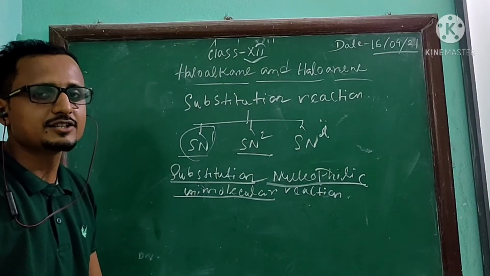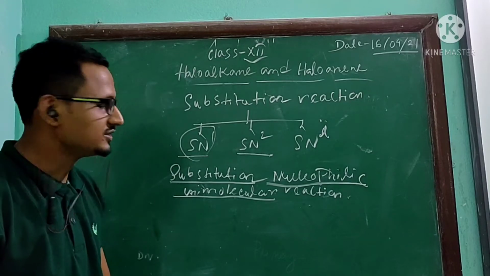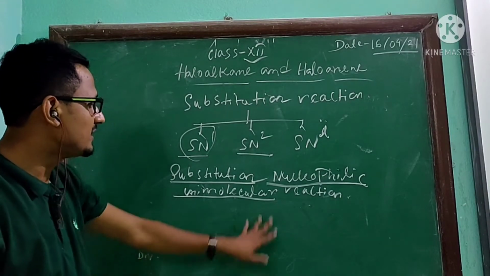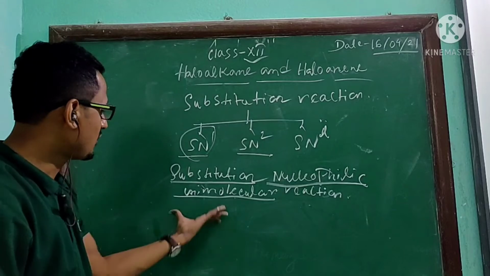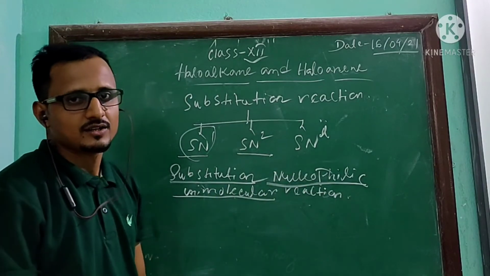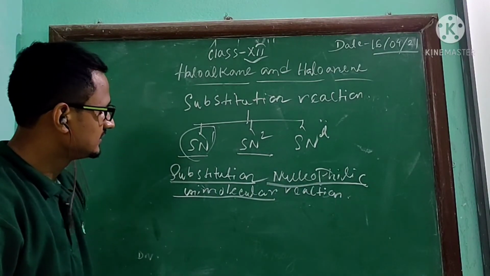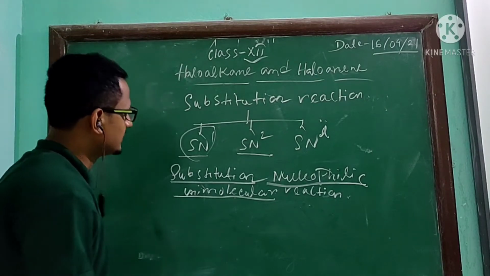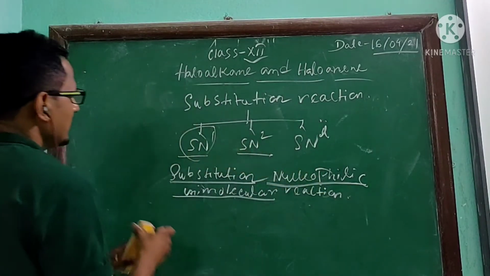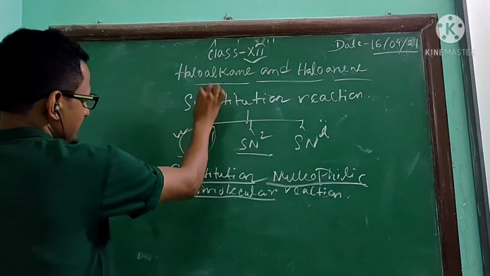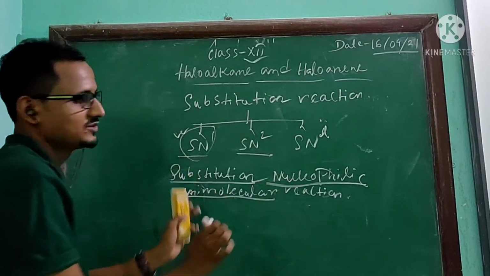That means in the slowest step of this reaction, only one molecule participates. That reaction is called a unimolecular reaction, or you can say a first order reaction. This is the full form of the SN1 reaction. Now we will discuss the SN1 reaction in detail.